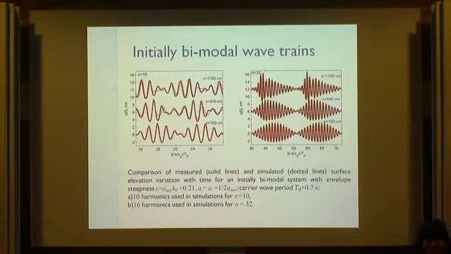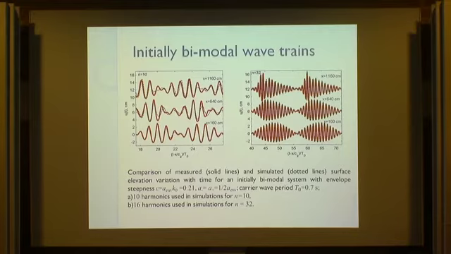So if we have frequency, say omega, bound waves will be at 2 omega, 3 omega, and further. We don't have this in simulations, but we have it in the experimental data. So we just added it afterwards to the simulations to compare them nicely.